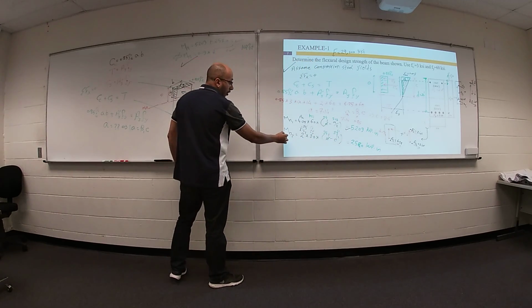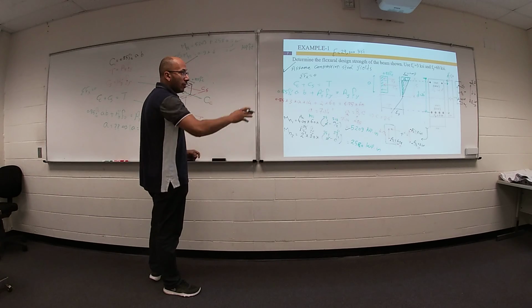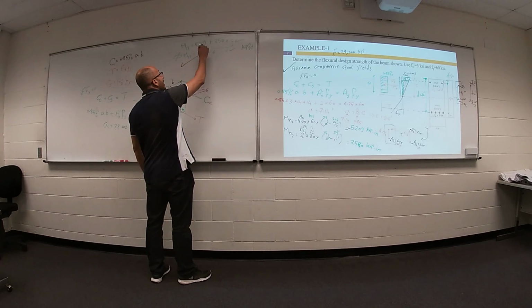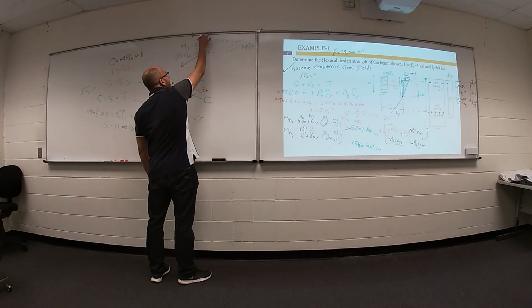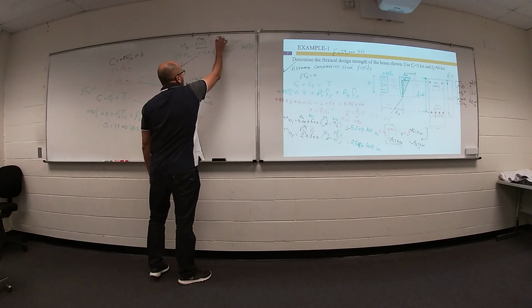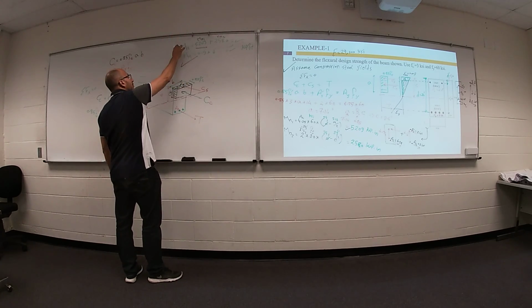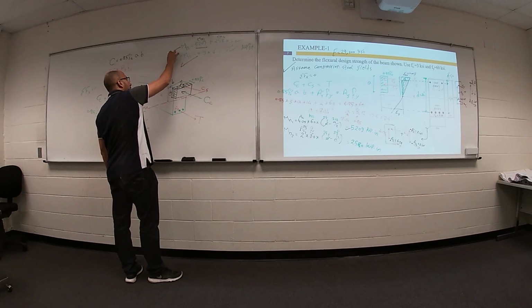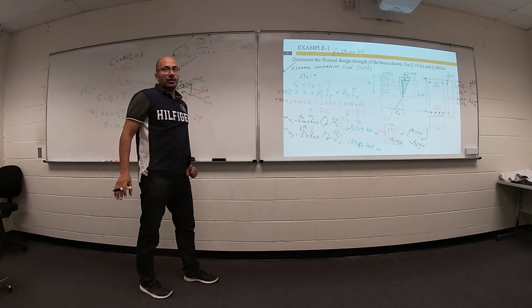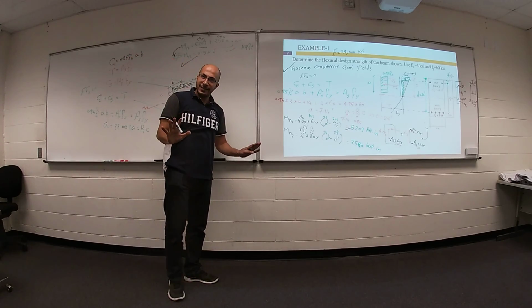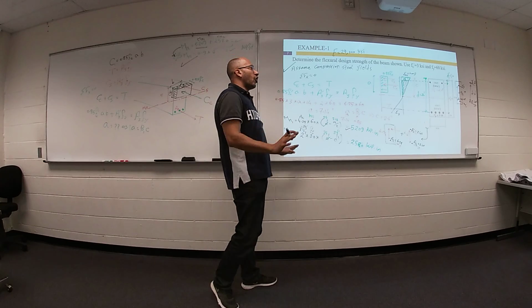But from the second part, the total nominal moment for the whole cross section is Mn1 plus Mn2. To get your design moment, multiply this value by phi, which equals 0.9. That's right? So far, we are good.